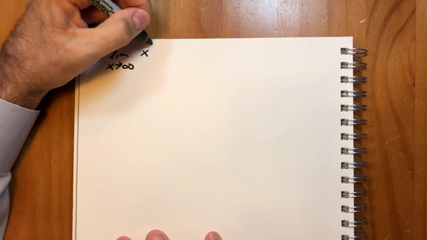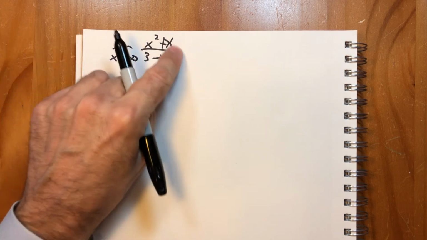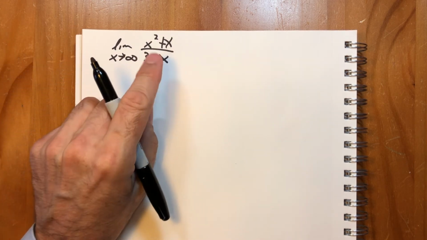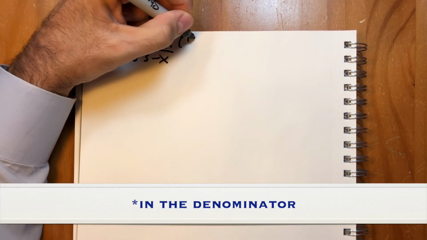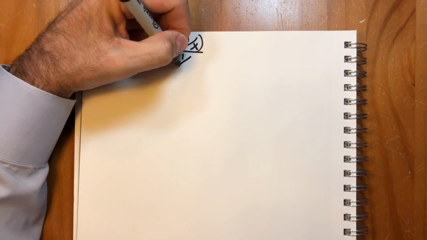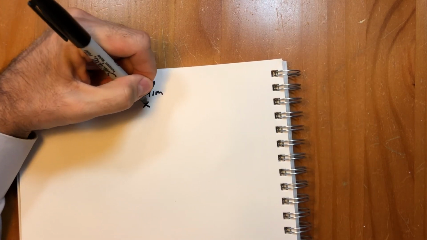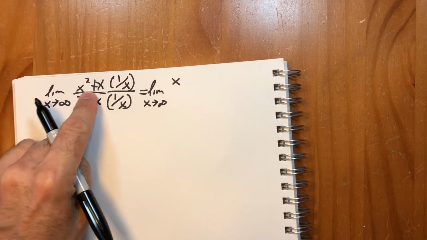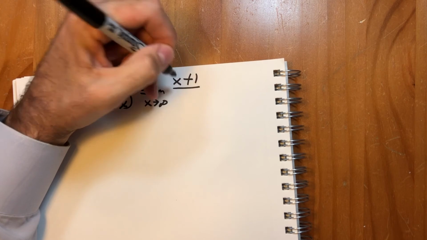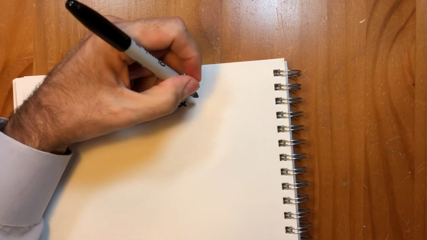So let's try one more. The limit as x approaches infinity of x squared plus x over 3 minus x. So as we saw before, the thing to do with a rational function is to divide through by the largest power of x. So we multiply the top and the bottom by 1 over x, and we have x plus 1 on top, and 3 over x minus 1 on the bottom.